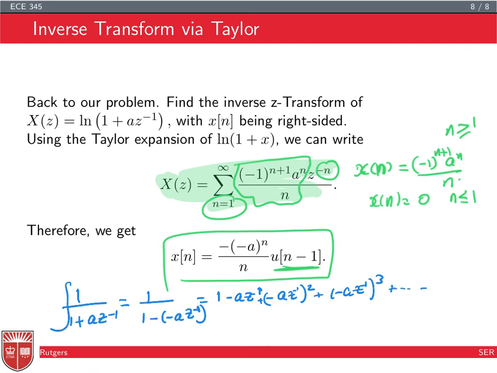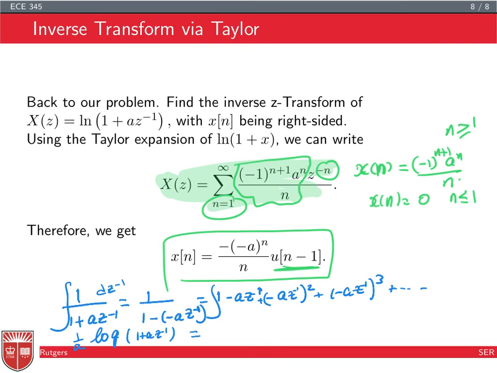And now if I integrate this side here, integrating dz^-1, I get log(1 + az^-1). You have to divide or multiply by a factor here, so let me think about it. I haven't checked.